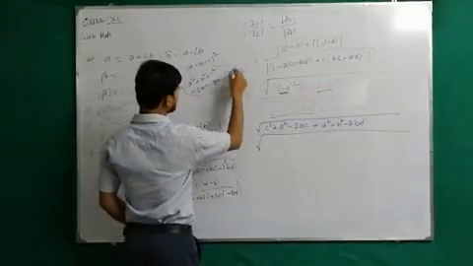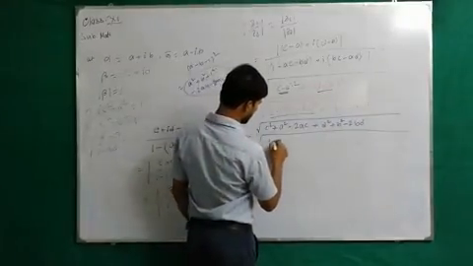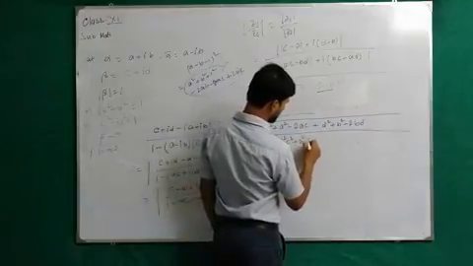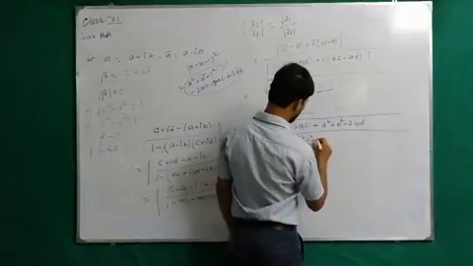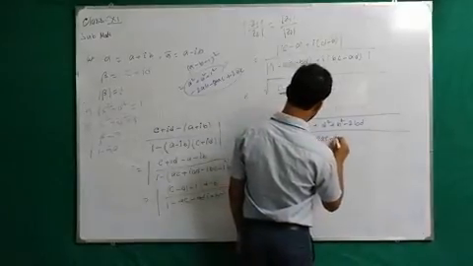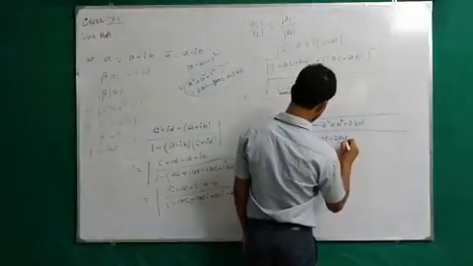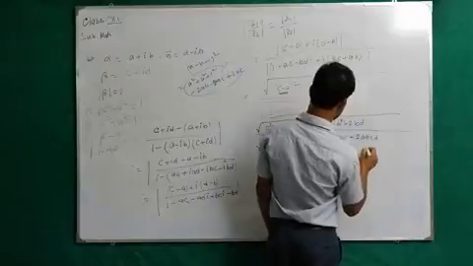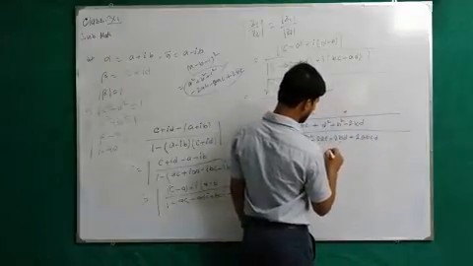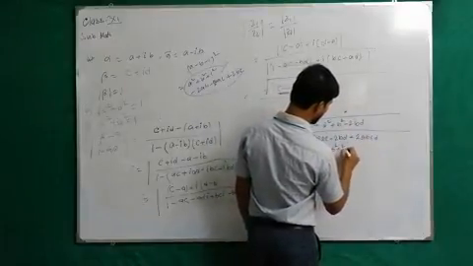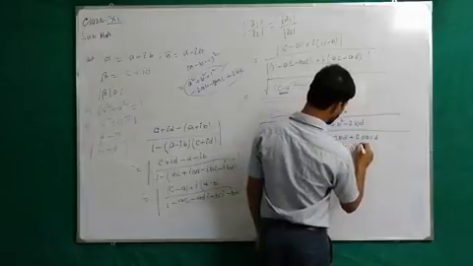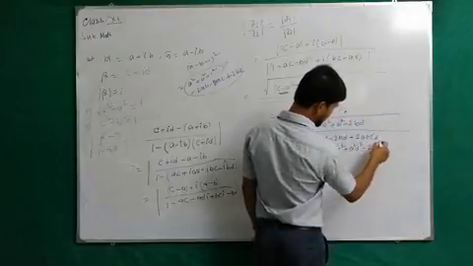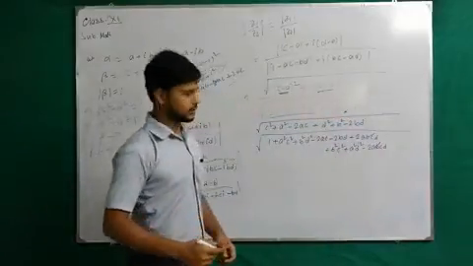Use this formula here. So we have 1 plus A square C square plus B square D square minus 2AC minus 2BD plus 2ABCD, and if I expand this expression, it will be B square C square plus A square D square minus 2ABCD. Now this plus ABCD and this minus ABCD will cancel each other.